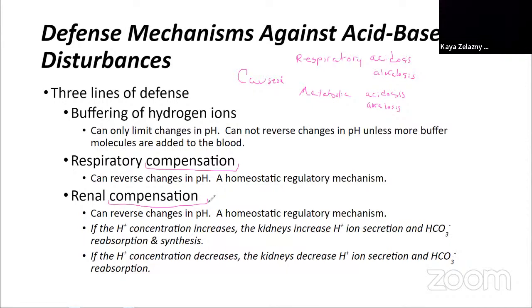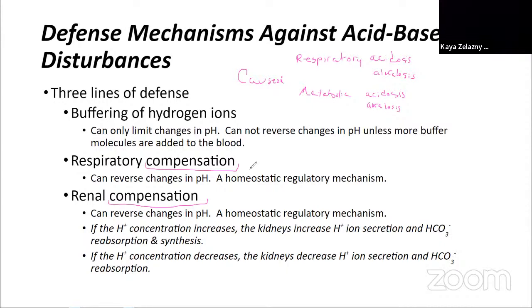Basically, these are usually going to pair as opposites. If the respiratory system is causing the problem, probably your kidneys are going to be trying to make up for the problem. They're trying to compensate. So respiratory compensation is altering your breathing rate, altering parts of your respiratory system in order to reverse the change in pH.